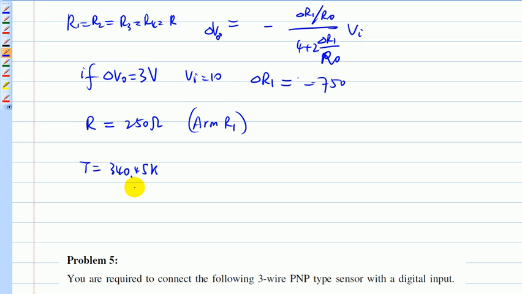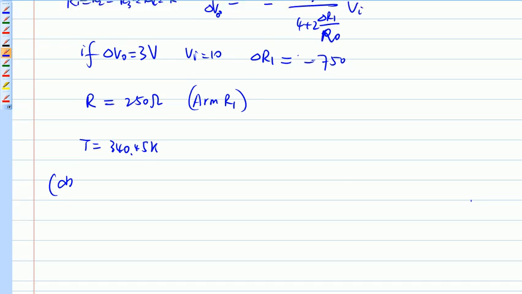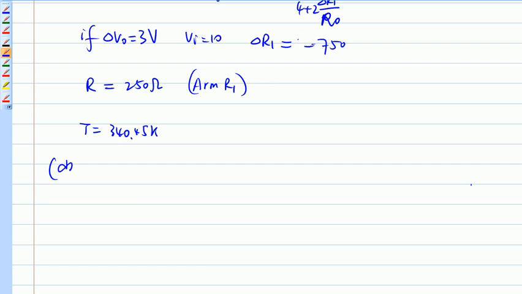And the last part is to calculate the loading errors. Loading error means you're supposed to use a voltmeter to measure this VO here.